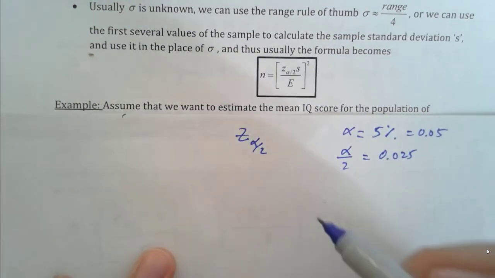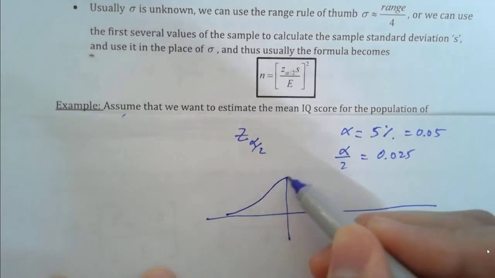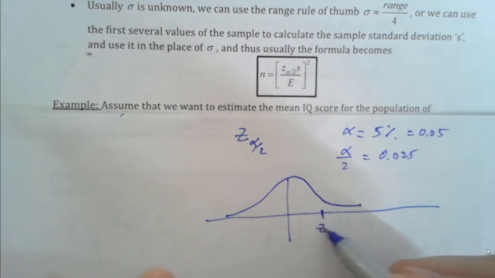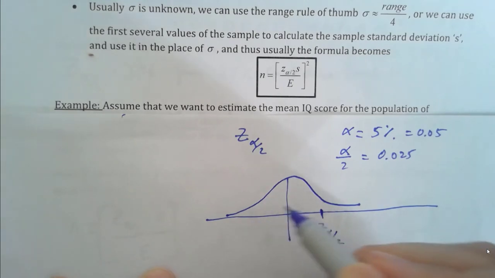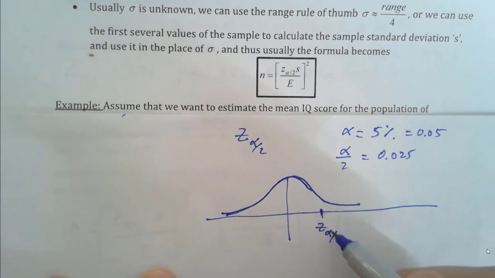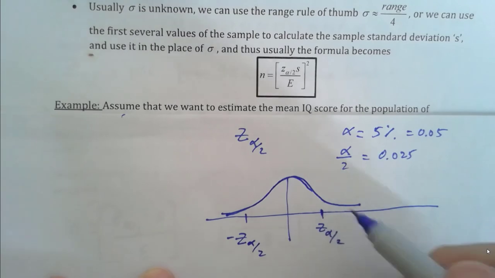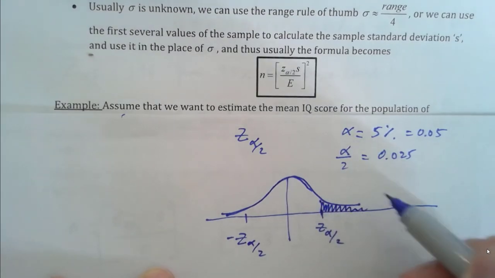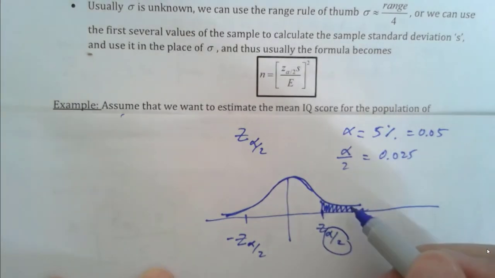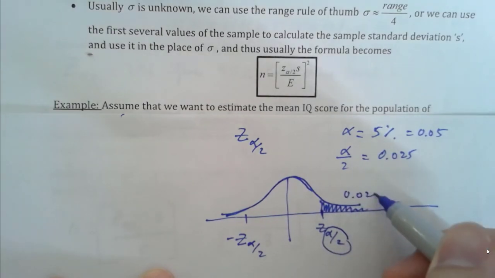And then we can draw the normal curve, like this one here. And z alpha over 2 is right here. The standard normal distribution has z alpha over 2 over here and minus z alpha over 2 over here because they are symmetric. And we know that for alpha over 2, 0.025, this subscript right here means that the area to the right of that is 0.025.